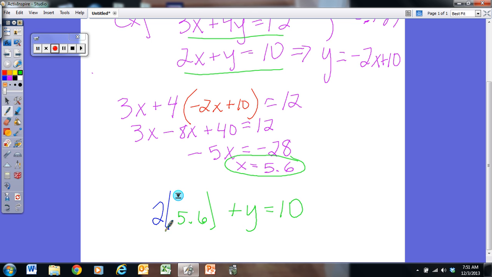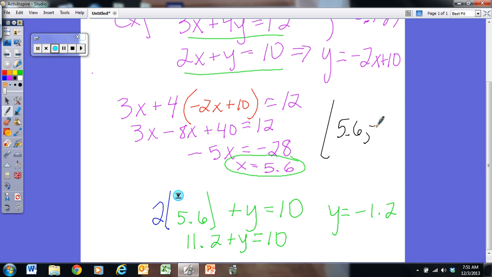Now I'm solving for y. 2 times 5.6 is 11.2. Subtract 11.2 from both sides, and y equals negative 1.2. So the solution to this system of equations is 5.6 comma negative 1.2. And that's a coordinate, so it goes in parentheses.